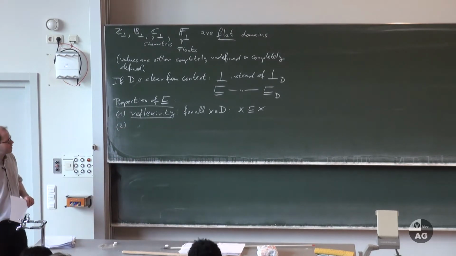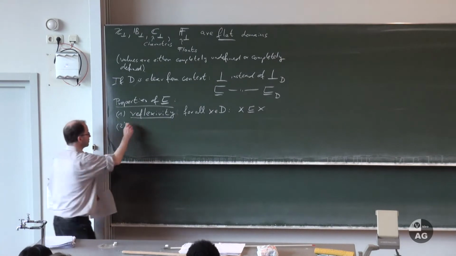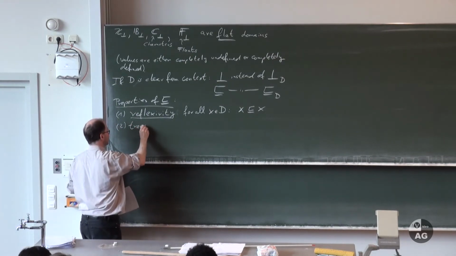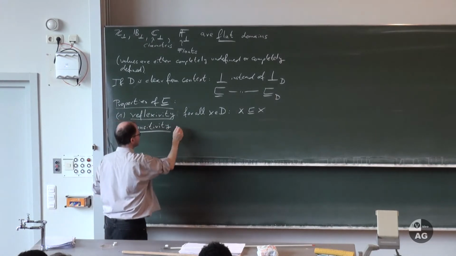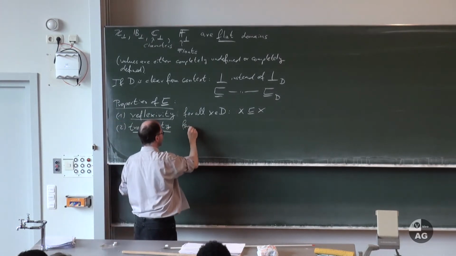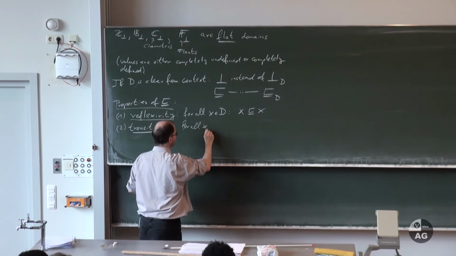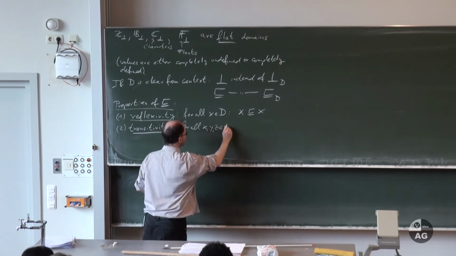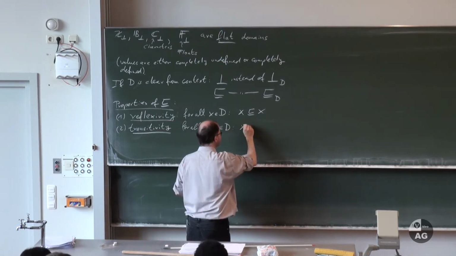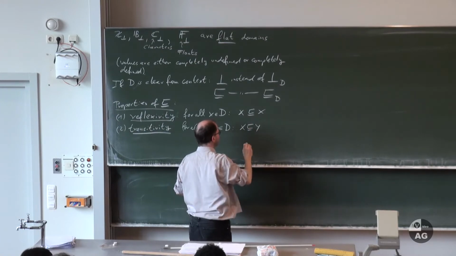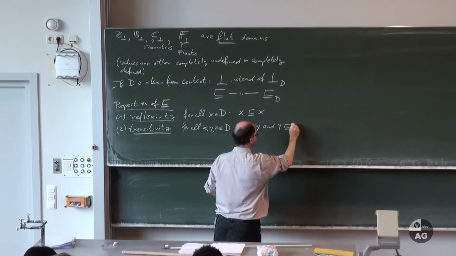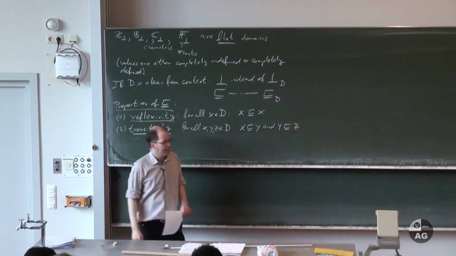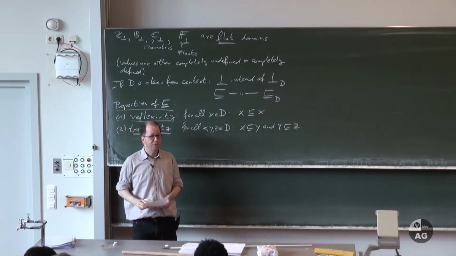Another property that holds is transitivity. So what does that mean? That means that if I have three objects, x, y, and z, and I know that x is less defined or equal to y, and I know that y is less defined or equal to z, then I can infer that x is less defined or equal to z.